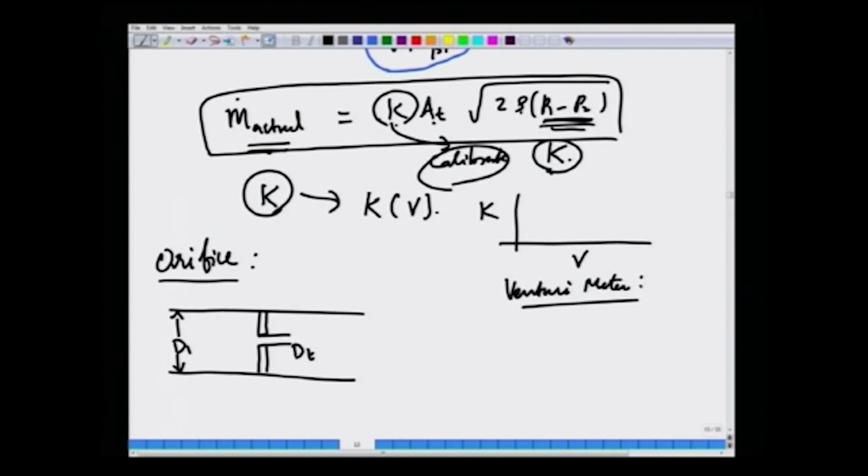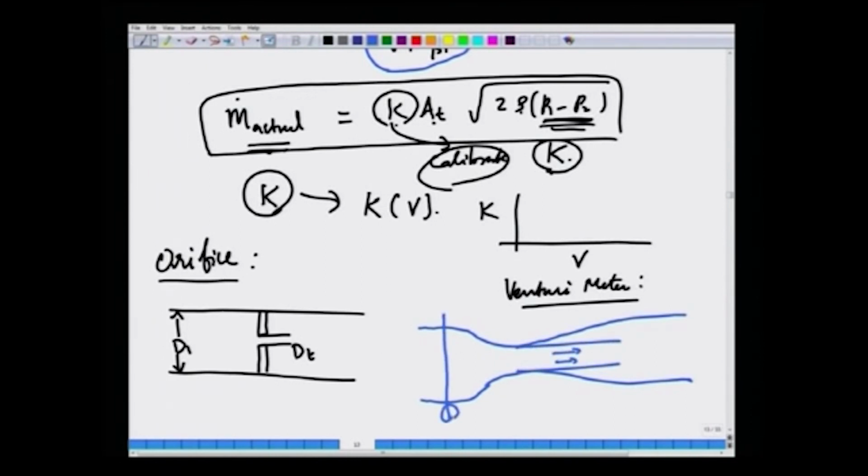Here you have this upstream tube, but it gradually converges and gradually diverges, and again fluid is flowing in this region like this. So, this is point 1, this is point 2, this is the throat diameter. These are the two common configurations of the restriction flow meters that are often used.